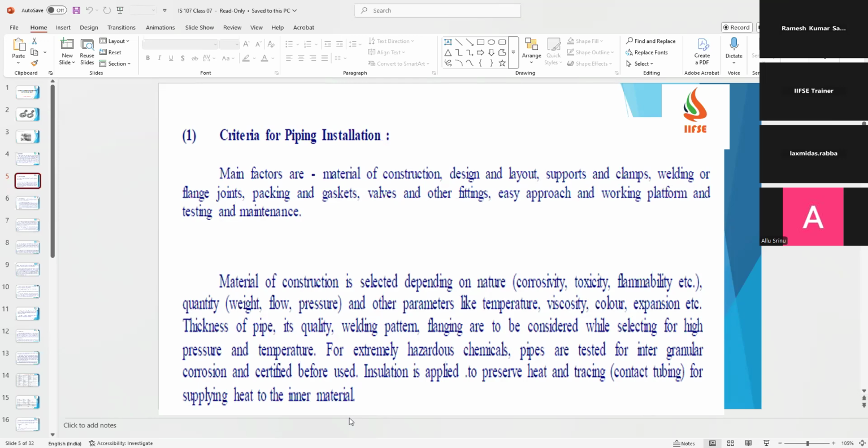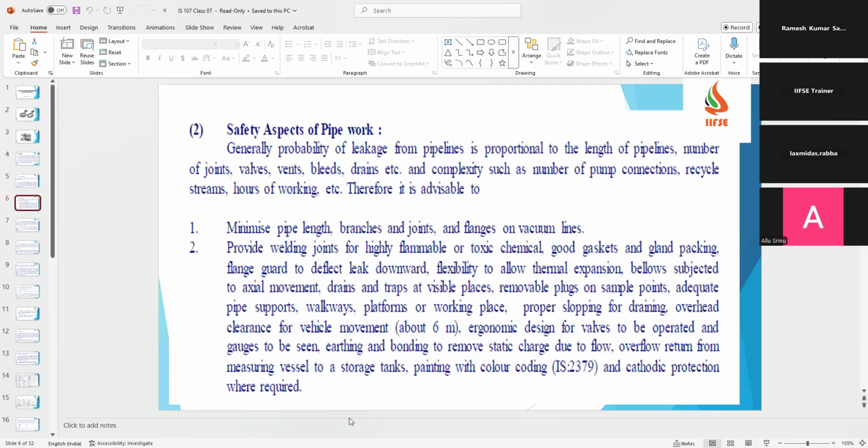There is a chance of corrosion, so it can develop further when you are using certain chemicals. It can come into contact and then get corroded. They also use insulation for these pipelines to avoid exposure of external heat to the internal material.